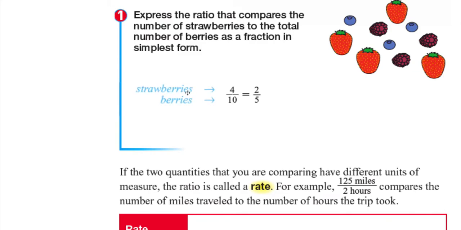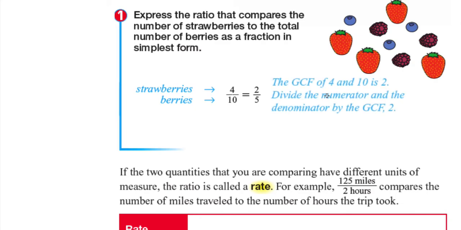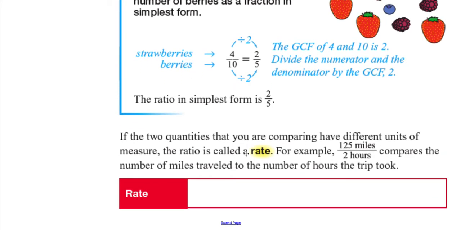So the number of strawberries is 4, the total number of berries is 10, and we find that the GCF of 4 and 10 is 2, so we simply divide the numerator by 2 and the denominator by 2. We end up with the ratio in simplest form, 2/5. So that's what a ratio is, a little bit of a recall, a review.